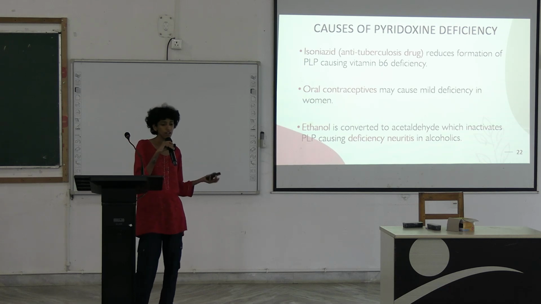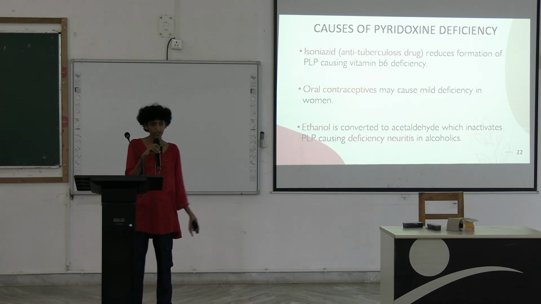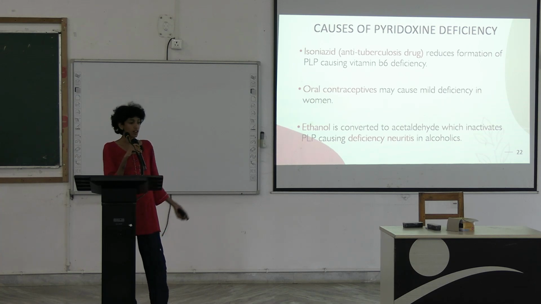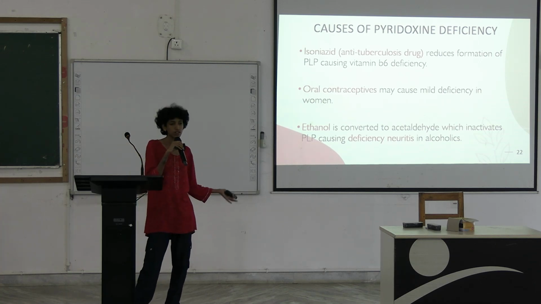Then you have chronic diarrhea or Crohn's disease that can hamper the absorption of vitamin B6 from the intestine, and inadequate dietary intake and increased requirement during lactation and pregnancy, or some particular genetic disorder like pyridoxine dependent epilepsy.